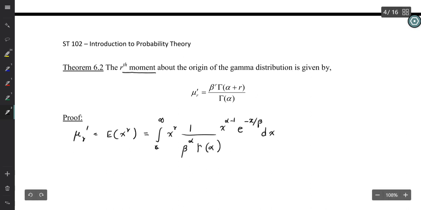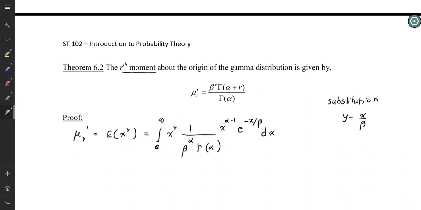Now you can see that there are a lot of constants that you have in this function. But in order to make this integration easy, we are going to do a substitution. We replace x over beta by another dummy random variable y.